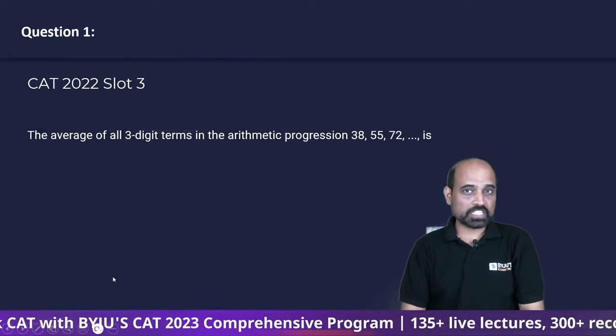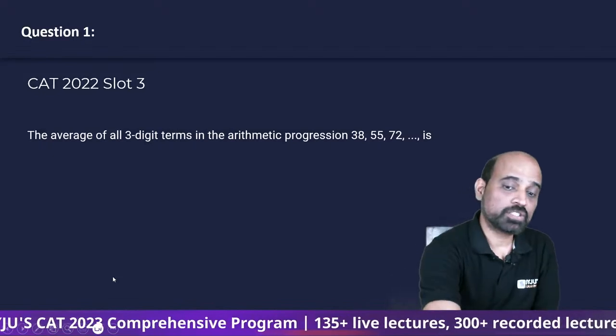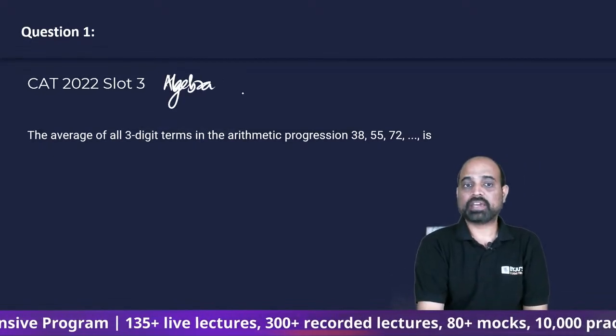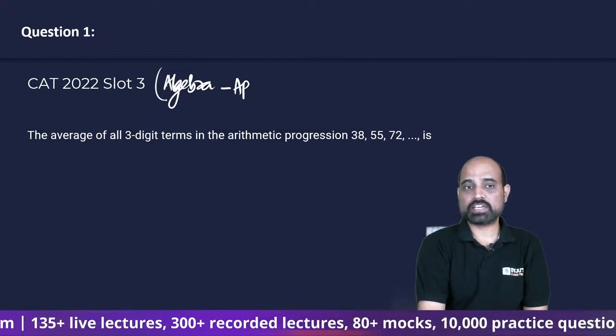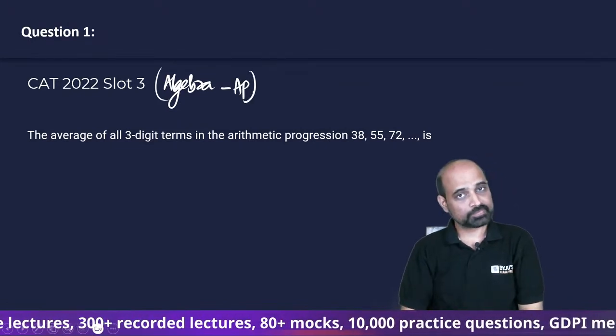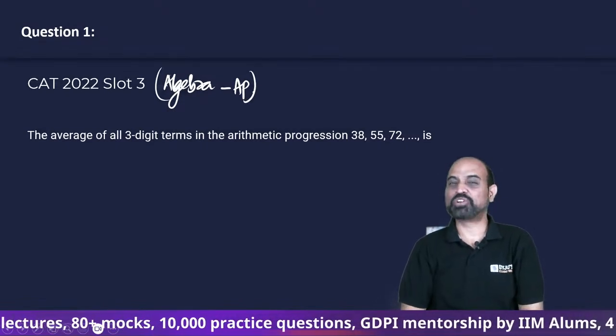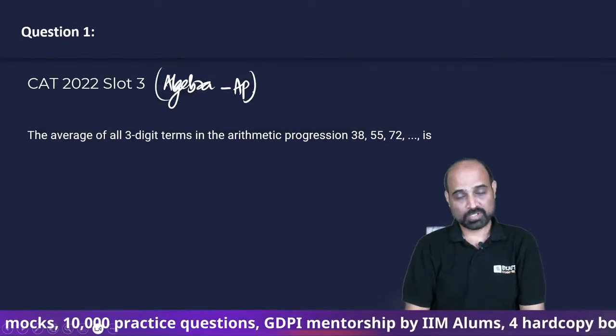Now, if you read this question, you will realize that it is basically from algebra, under AP GP, sequences and series. But I'm going to solve this using the concept of arithmetic, using the concept of ratios.